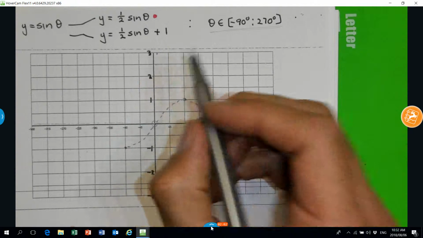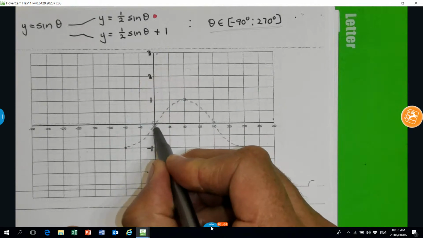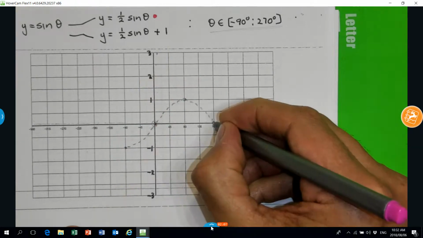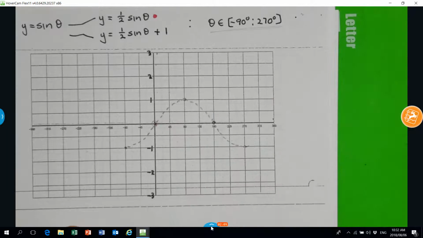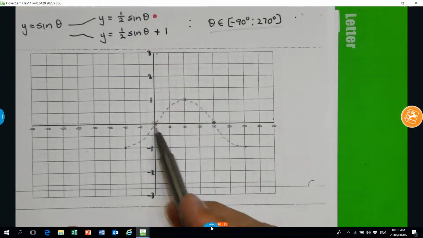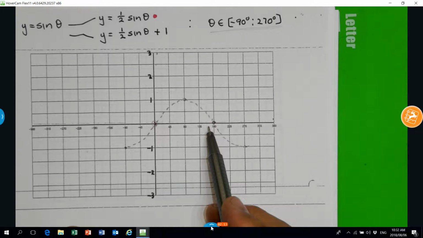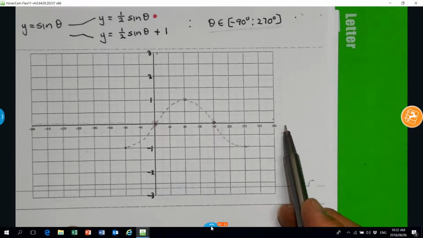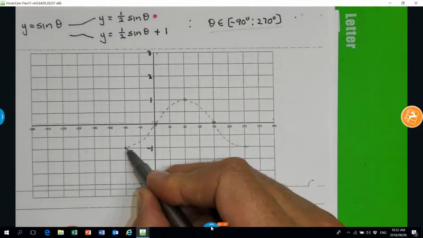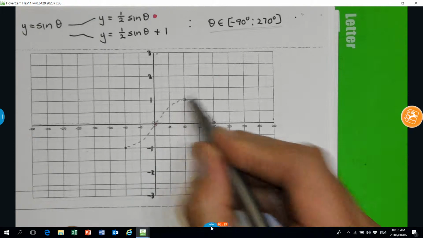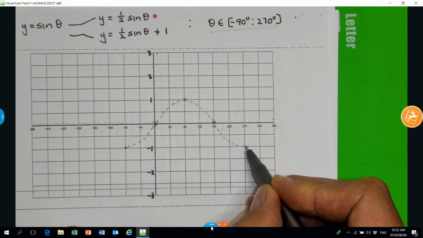Now remember, the y values on the horizontal axis will remain where they are, because a half times 0 is still 0, and all the y values here are 0. The ones that are changing are these, the minus 1, the 1, and the negative 1 over here. What am I doing with them?